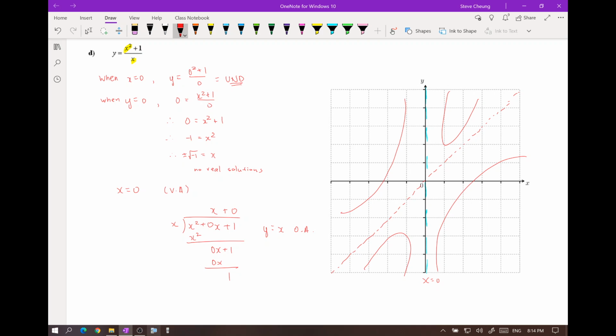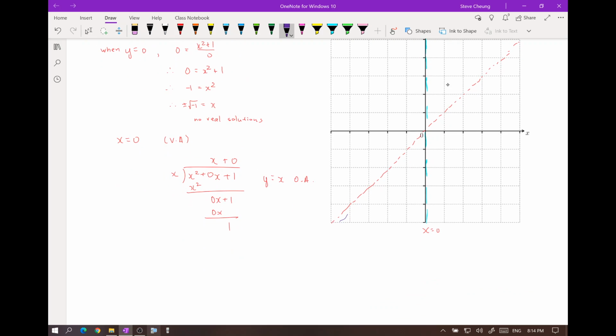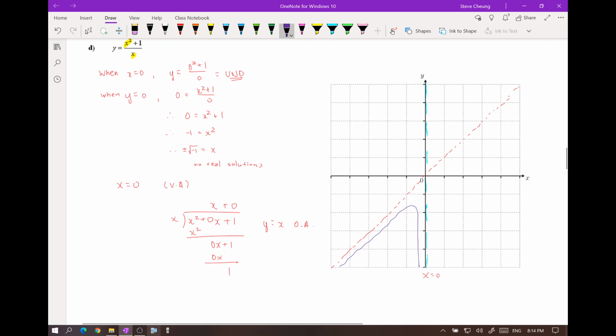But actually, it cannot be these two parts because it will cross the x-intercepts. So we will choose this latter case. So go ahead and just draw the curves using these as guidelines. There you go. So it's possible to have a curve that doesn't go through the xy intercepts.